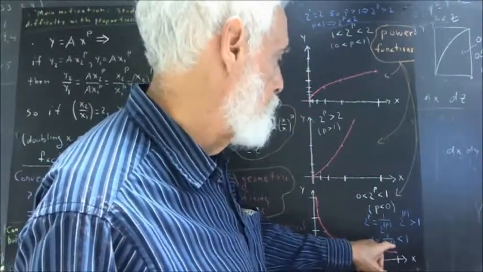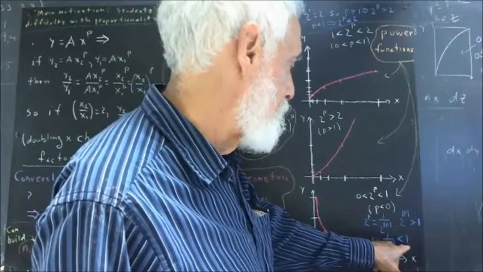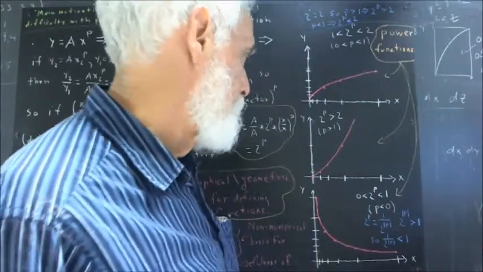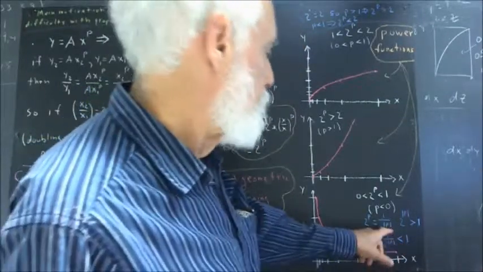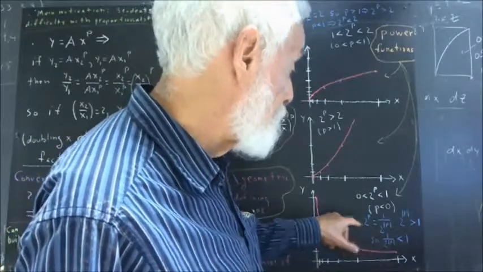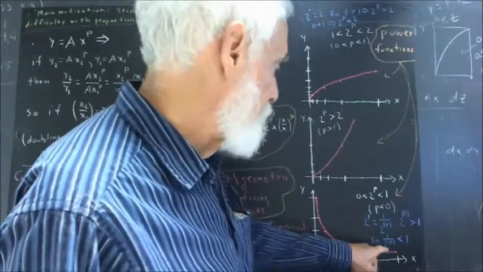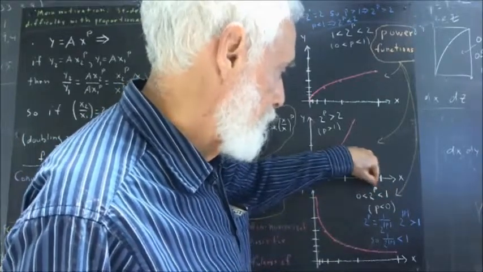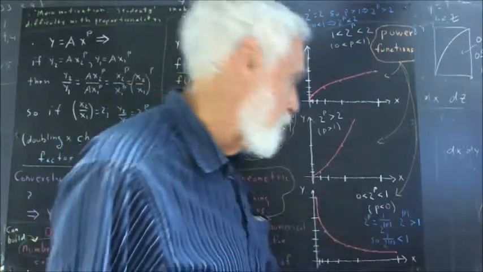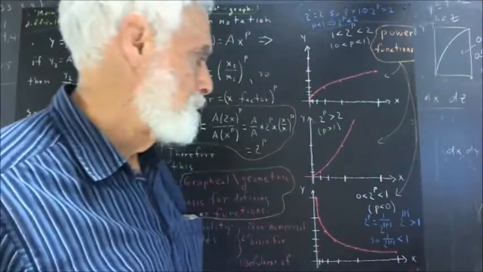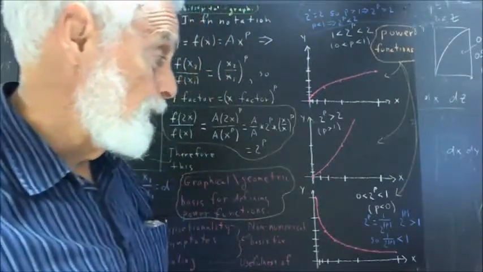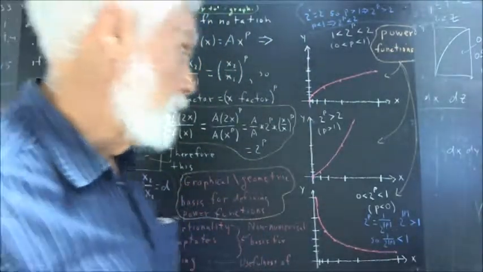It follows that 1 over 2 to the absolute value of p is less than 1. And since 1 over 2 to the absolute value of p is equal to 2 to the p in this case where p is less than 0, it follows that this number is less than 1. Now, that's a fairly complicated argument, which you really ought to understand, but probably are going to have a little trouble understanding.